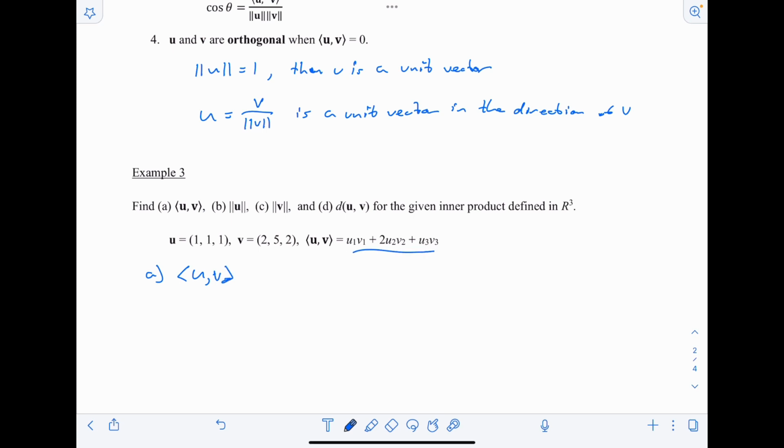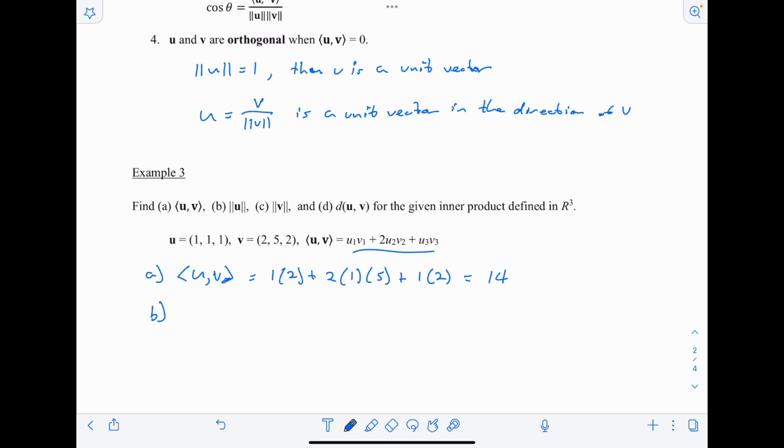We take 1 times 2, plus 2 times 1 times 5, plus 1 times 2. That's 2 plus 10 plus 2, which is 14. Remember that an inner product always gives us a scalar, so 14 makes sense as an answer.